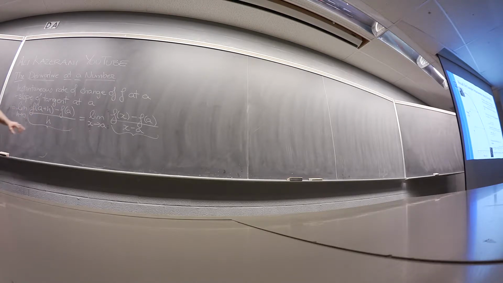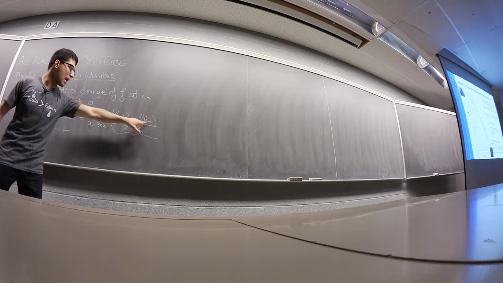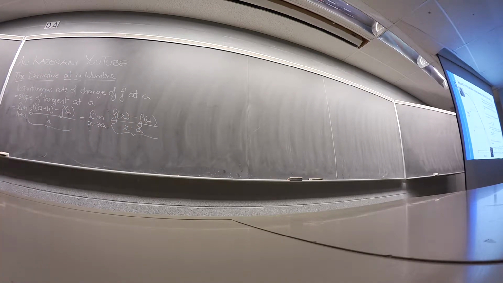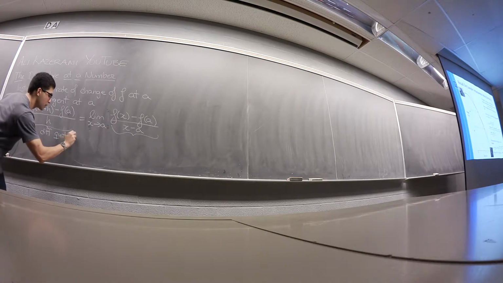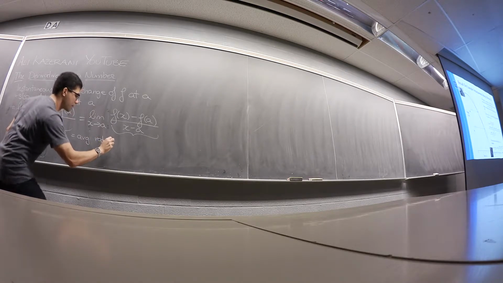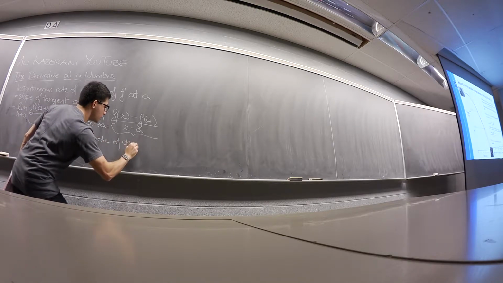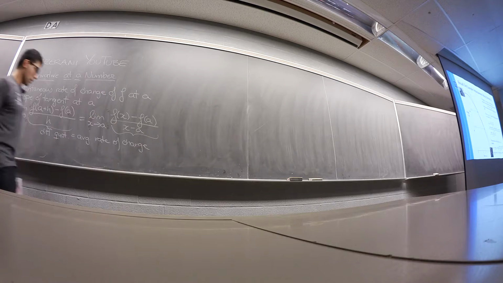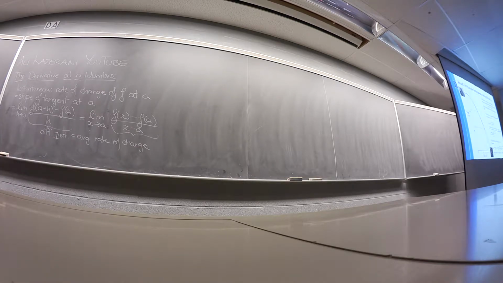Okay, in this case, over the interval from a to a plus h. In this case, over the interval from a to x. Okay, average rates of change. As you take the limit, you get the instantaneous rate of change. So again, these are difference quotients. They're average rates of change of f with respect to x.